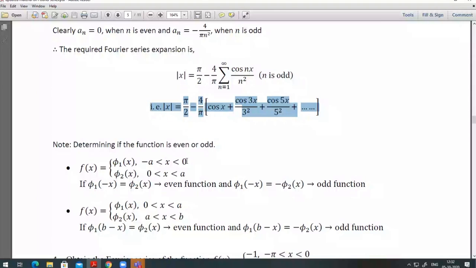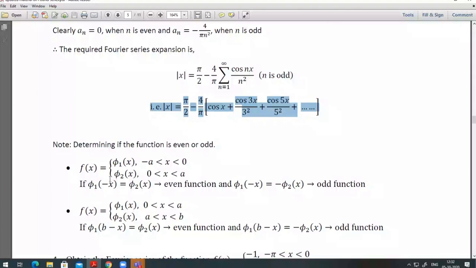But in this case, if phi1 of minus x is equal to phi2 of x, that is, if you replace x in phi1 with negative x and you get phi2, then the function is even. Otherwise, if phi1 of negative x is equal to minus phi2 of x, the function is odd.